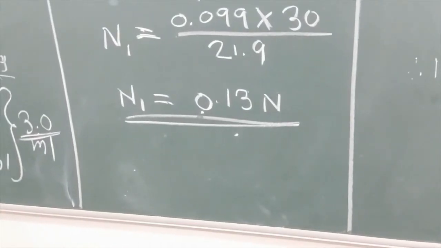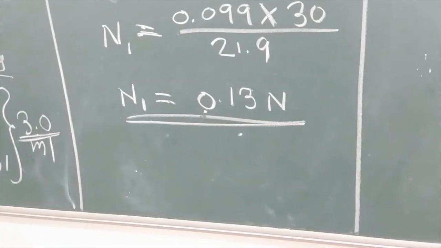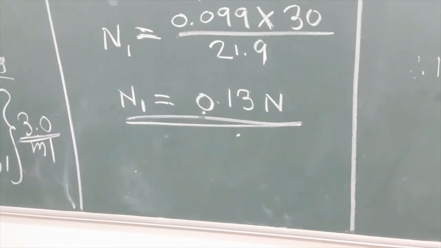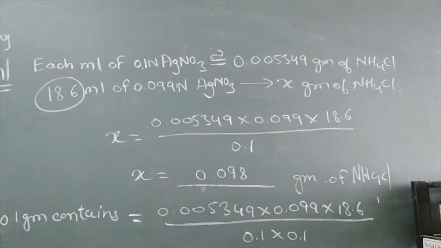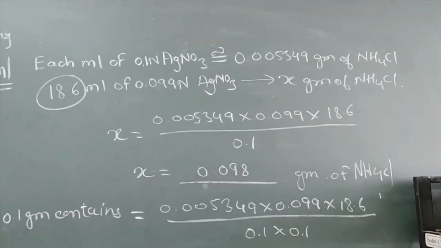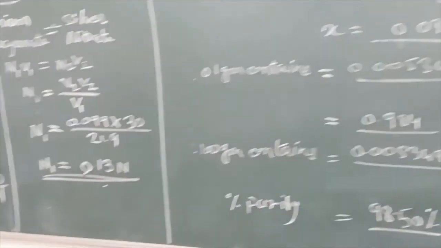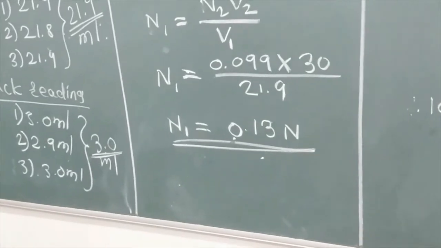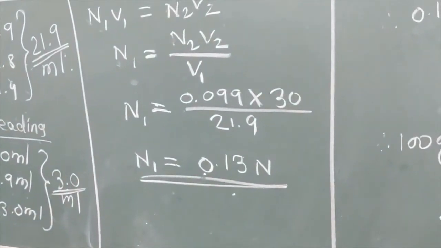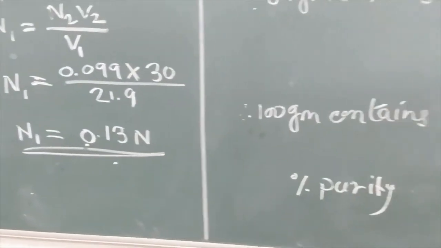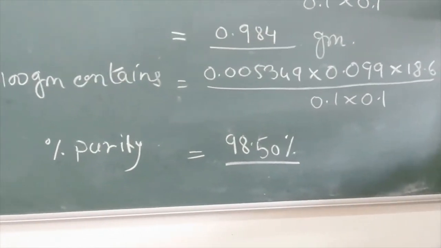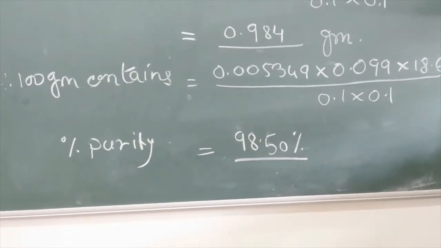Normality of silver nitrate is 0.099 normal, and normality of ammonium thiocyanate is 0.13 normal, and the percentage purity of ammonium chloride is found to be 98.50%.